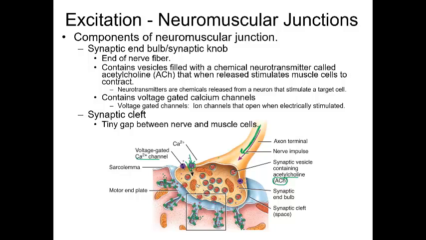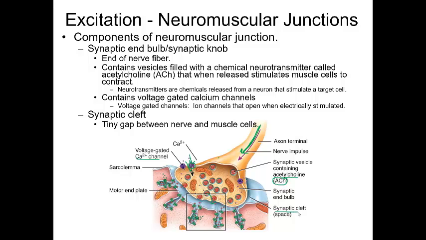Now, where exactly are they exocytosed? They're exocytosed into this little gap between the synaptic end bulb and the muscle fiber right here. Take a look at this. This blue space right here is called the synaptic cleft.